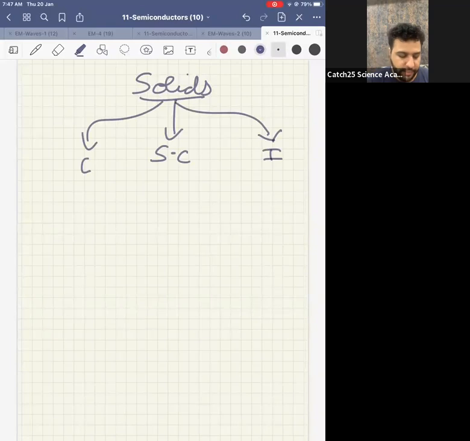Now, going ahead, I will not study about conductors or insulators. I will only study about semiconductors, because the chapter's name is semiconductors.